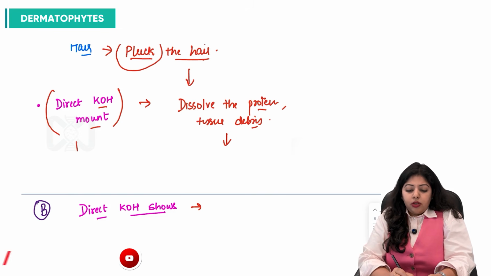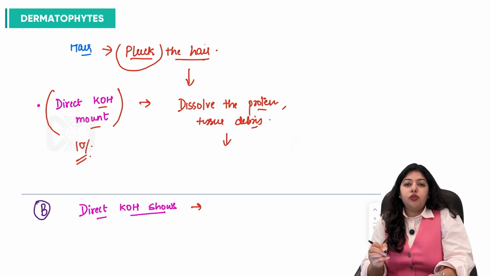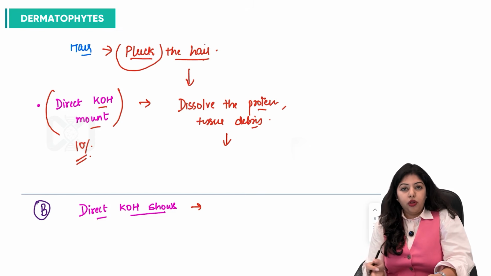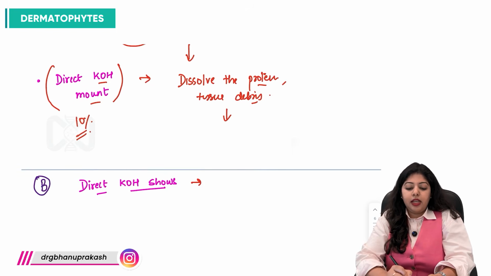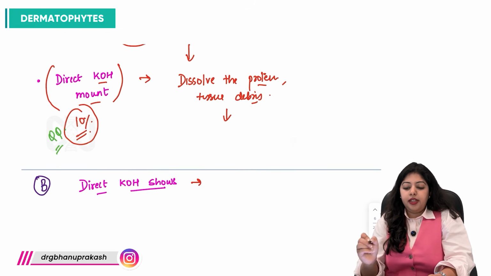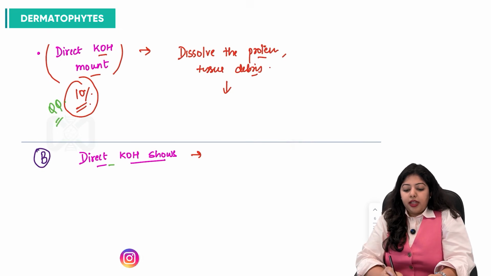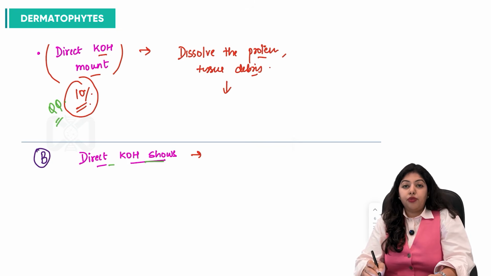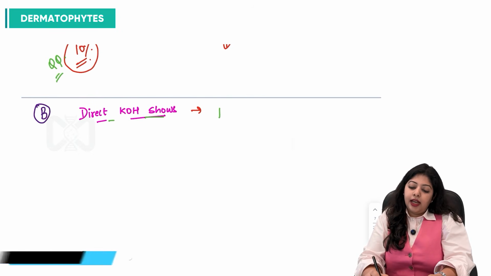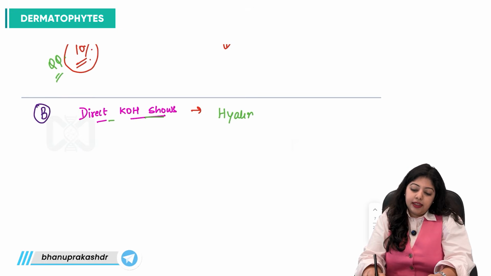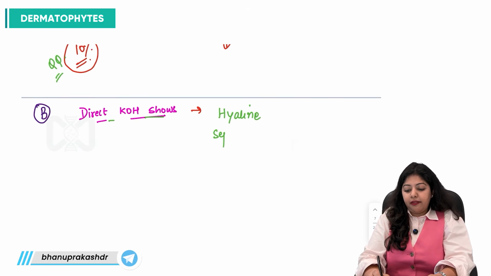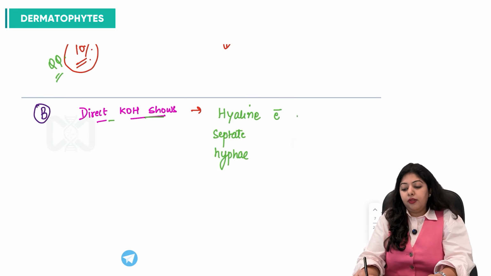So the most common concentration of KOH which we require in order to dissolve the proteins or this tissue debris is 10%, and it is also a question, right? So what does this direct KOH mount show? It shows us hyaline, septate hyphae along with arthroconidia.